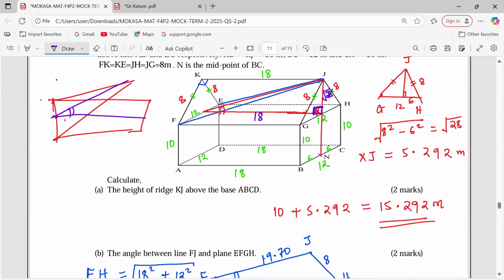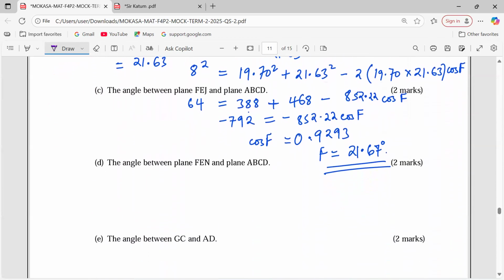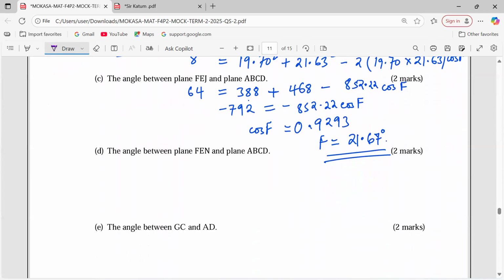The tan of the unknown angle, that means tan of beta equals root 28 out of 18. So for us to get beta, we need the tan inverse of root 28 out of 18. What do we get?